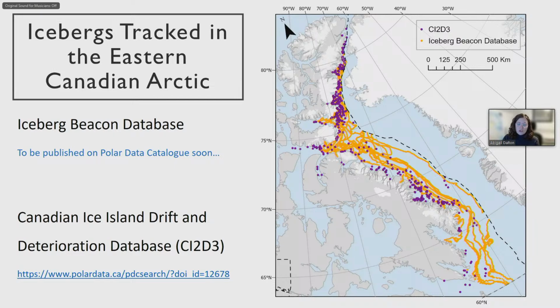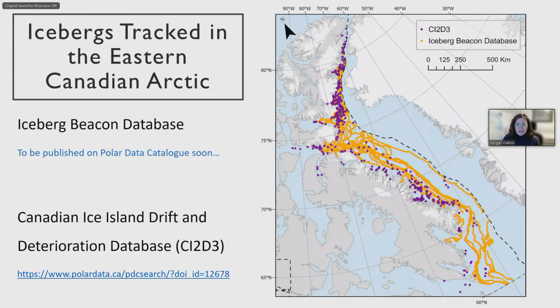So part of my work during both my master's and my PhD was deploying about 50 tracking beacons onto icebergs, which then contributed to the Iceberg Beacon Database, which was a joint project between Carleton University here in Ottawa and the Canadian Ice Service.